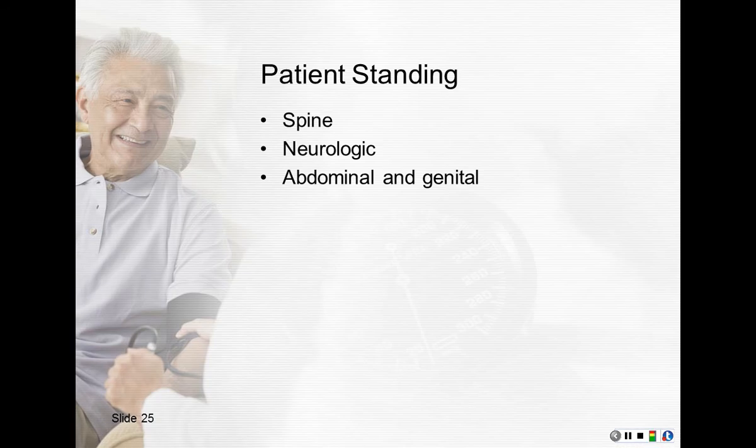With the patient standing, as I mentioned, this is where we look at spine. Neurologic, this is where we look for scoliosis in the younger child. We look at abdomen.